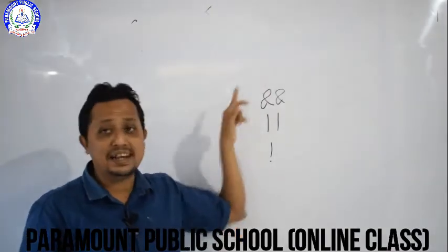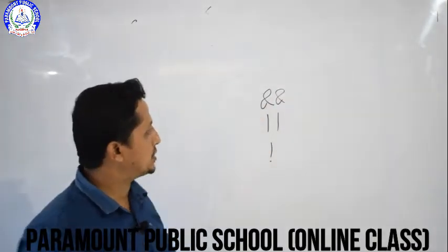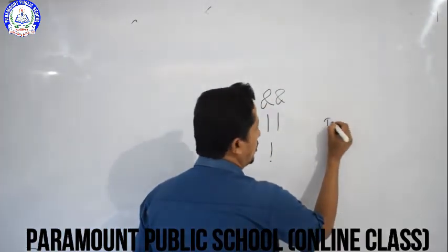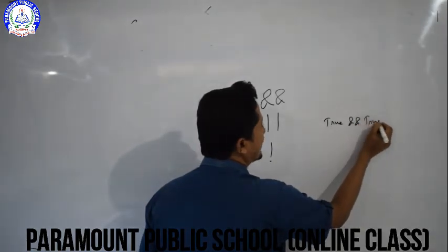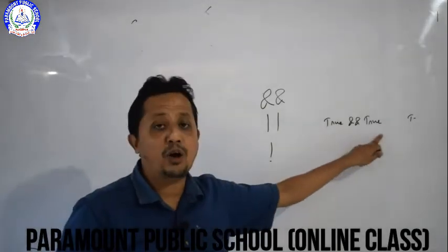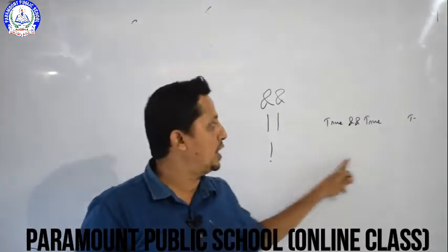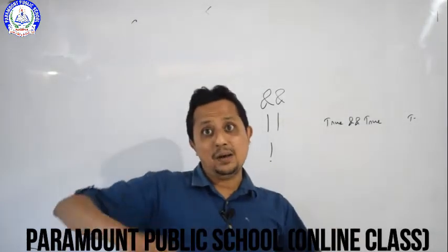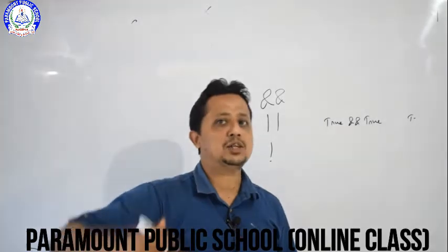The result of and is true if both are true. True and true, the answer will be true. True and false, the answer will be false. False and true, it will be false. False and false, it will be false. So when both are true, the result will be true, and in all other cases it will be false.